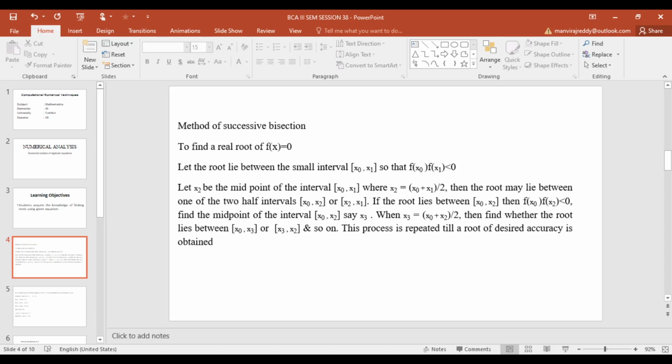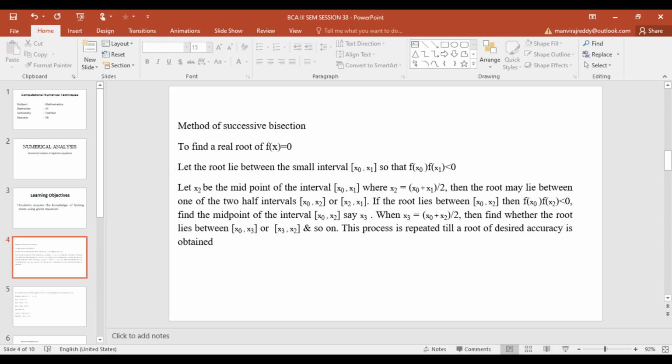If the condition is satisfied, then we measure x2. x2 is the midpoint, the bisection. That means we measure the midpoint of the interval we selected. x2 is the midpoint of the interval (x0, x1). So here x2 is calculated as (x0 + x1) divided by 2.